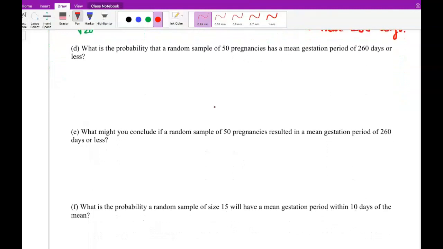Okay, then part D, what is the probability that a random sample of 50 now, so here n is 50, has a mean period of 260 or less? So exactly the same thing. The only difference here is that the sample size is 50 instead of 20. So the first step is to convert x bar into z.